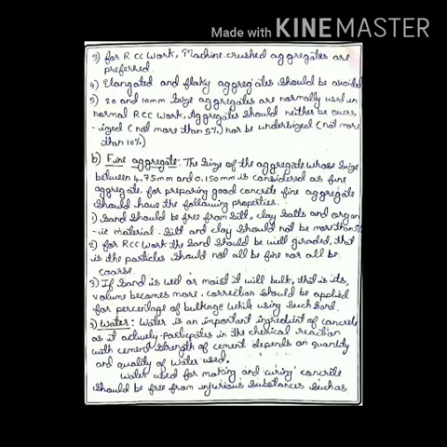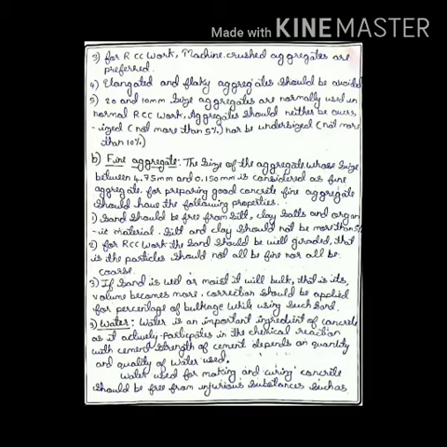For all RCC work, sand should be well graded, that is, the particles should be neither too fine nor too coarse. Third property, if the sand is wet or moist, it becomes more in volume. Correction should be applied for the percentage of bulkage when we are using such sand.